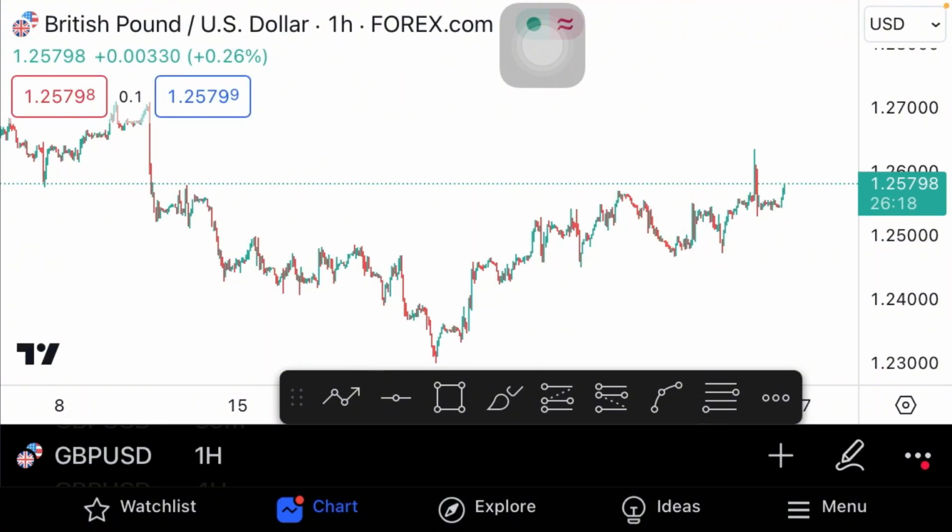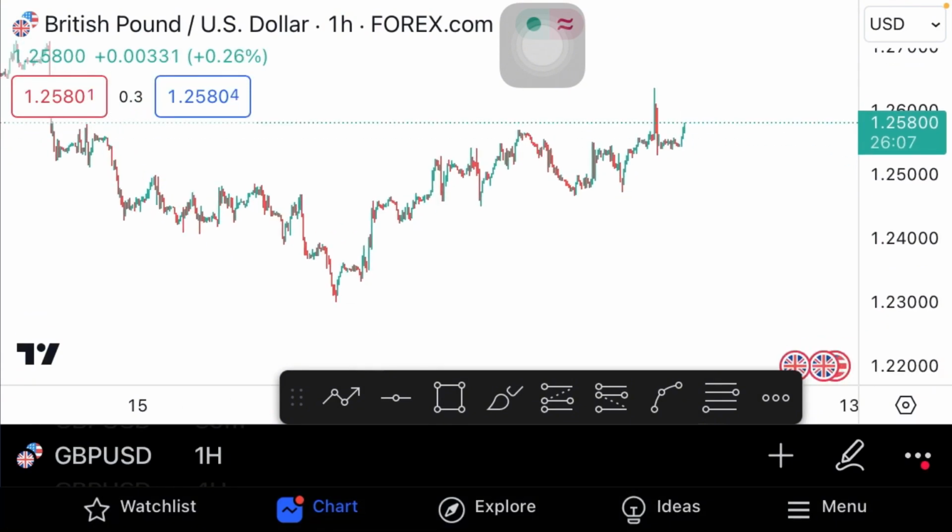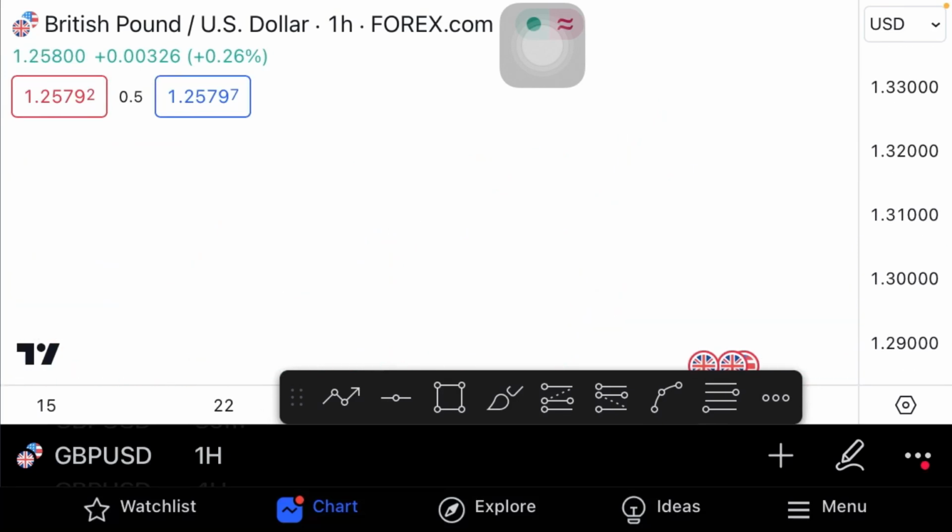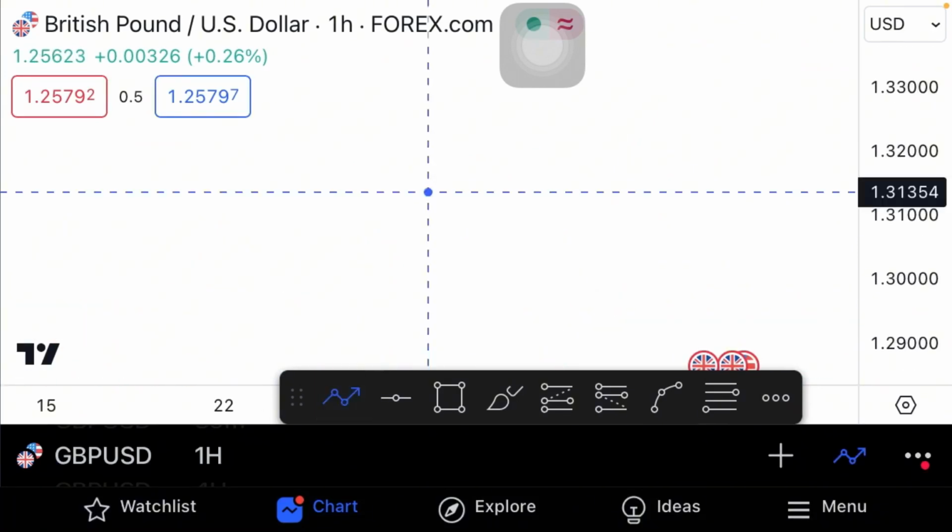What is a trend line? A trend line is a diagonal support and resistance that price tends to respect. We have two types of trend line, an upward trend line and a downward trend line. To draw an upward trend line, all you need is two touches.